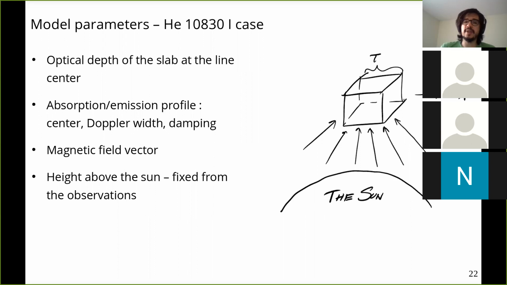And then on top of that, there is the magnetic field vector that permeates this cube here. And finally, in order to calculate precisely the anisotropy of the radiation that is falling here, I need to know the height of this thing above the sun. Because the higher above the sun I am, the smaller the cone is where the radiation is coming from, and the anisotropy is going to be higher.